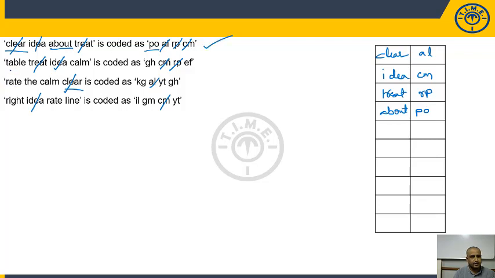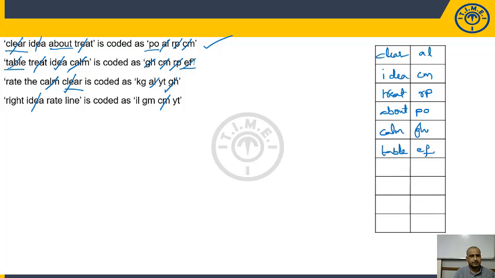Now in the second statement we have the terms table and com. We don't have table common anywhere, but we have the com in the second statement and third statement. So what is the common element in these two? GH. So we can confirm that the code for com is GH. Now the leftover word in the second statement is table. Leftover code is EF. So the code for table is EF.